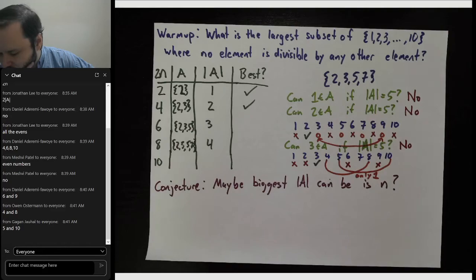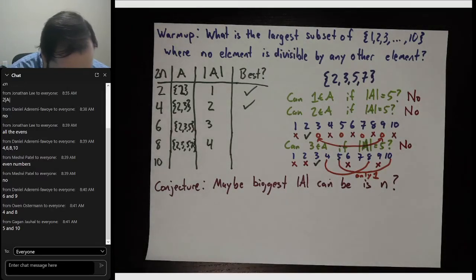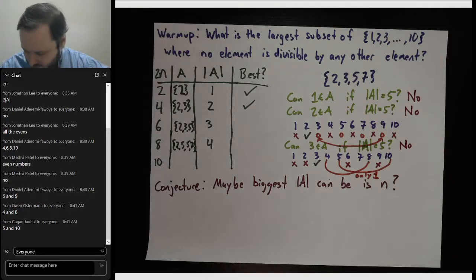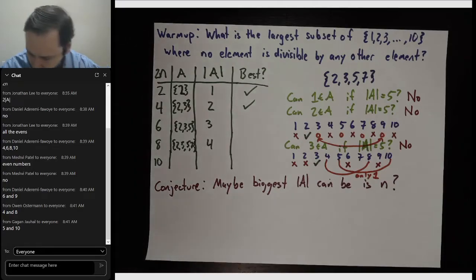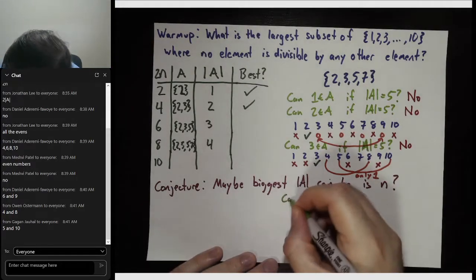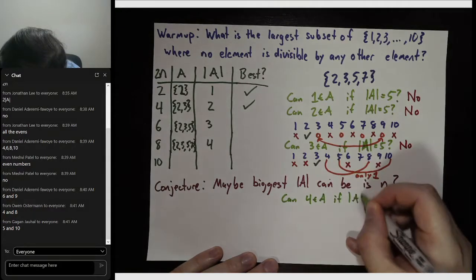All right, it's not looking so good for our conjecture. But let's keep going. Next question would be, can 4 be an element of A, if the size of A is equal to 5?